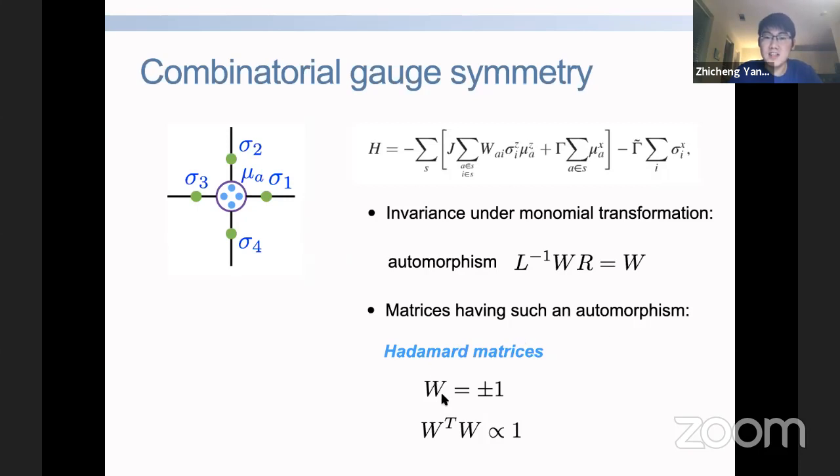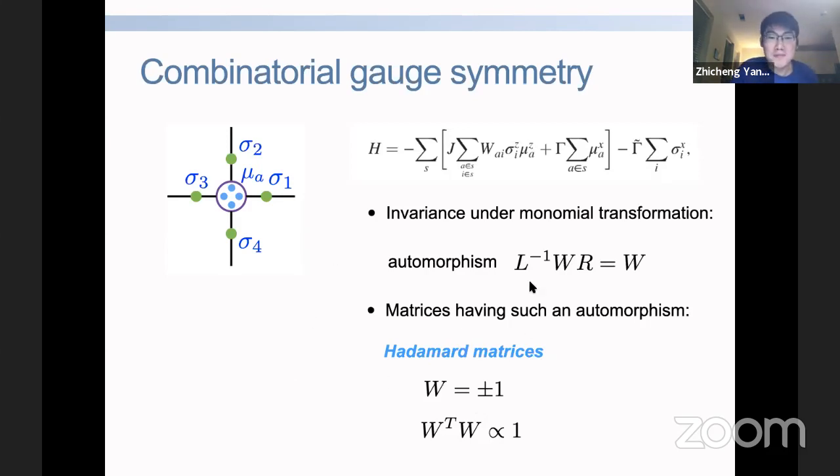These are matrices whose elements are either plus or minus 1 and satisfy the condition W transpose W is proportional to the identity. In other words, the rows and columns of the W matrix are orthogonal. And remember, we only consider 4x4 Hamiltonians, so we are only considering 4x4 Hadamard matrices.